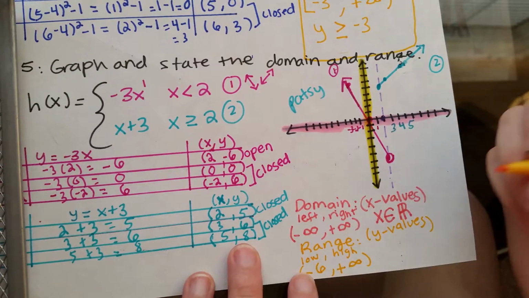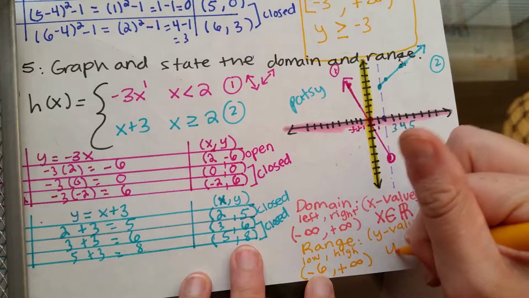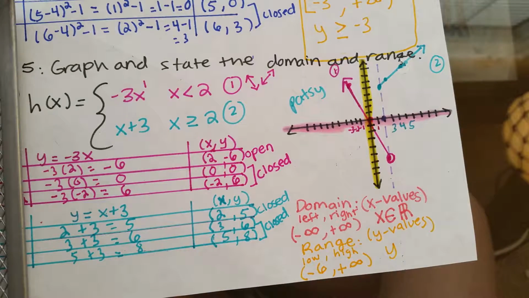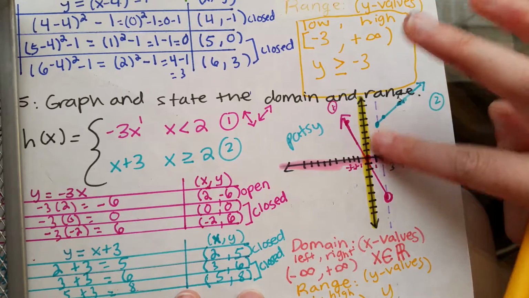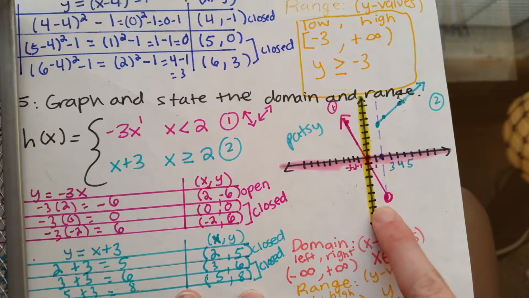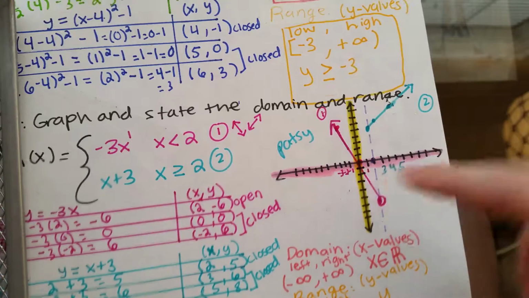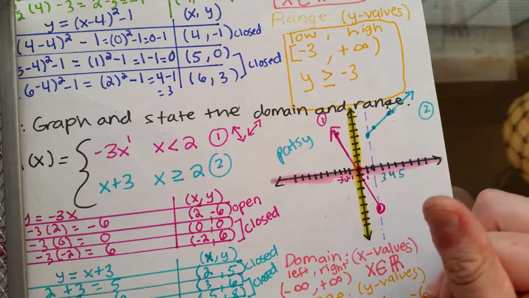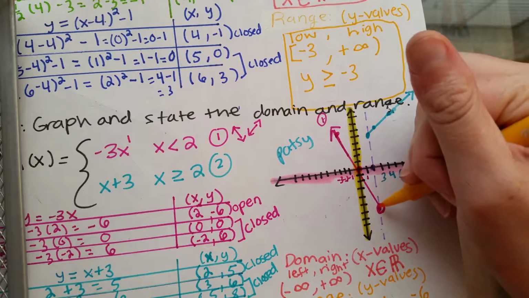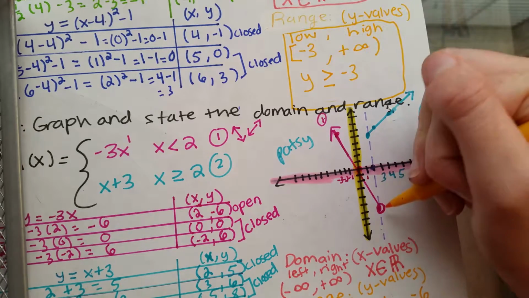Alright, and then the inequality notation, we start with the y. And we have to somehow create this inequality. So I see here, it goes all the way down to -6, and it goes all the way to infinity. So I know a -6 is going to be involved. Alright, I know that it's not going to be equal to because there's an open bubble this time.